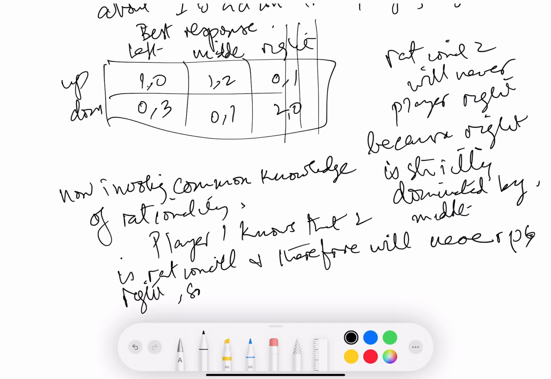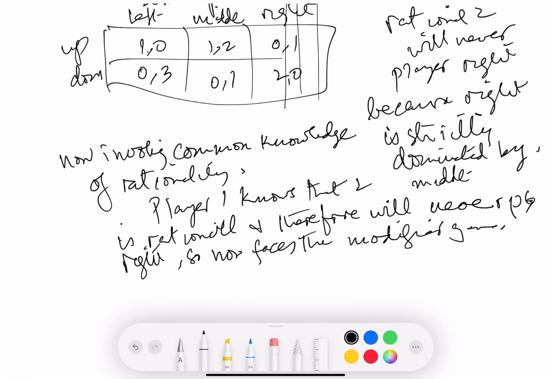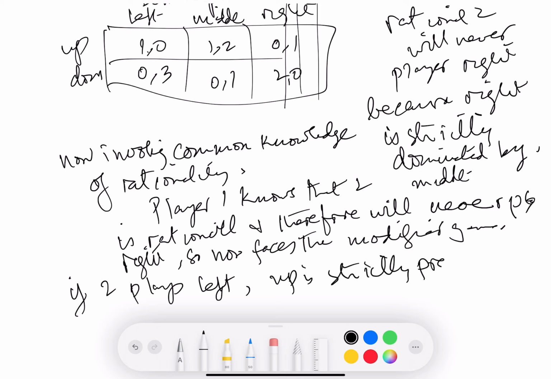So 1 now faces the modified game as above. Okay? So what's 1 going to do? Well, if 2 plays left, up is strictly preferred to down in this modified game, right? 1 is greater than 0.